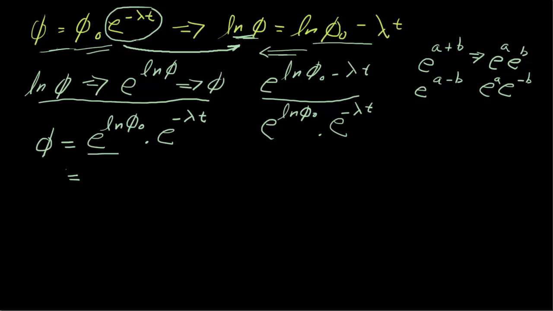This log of phi 0 is the power that we have to raise the base e to in order to get phi 0. So e to the natural log of phi 0 is just phi 0. So we have phi 0 e to the minus lambda t, and we've gone pretty much full circle back up to this exponential relationship.